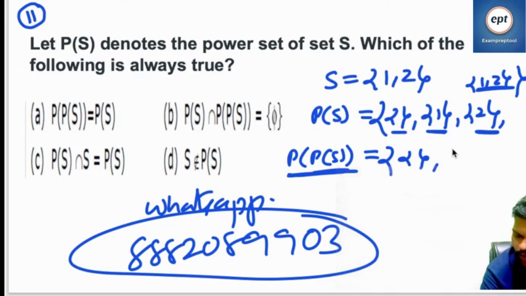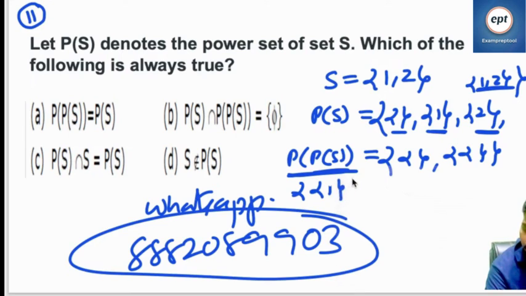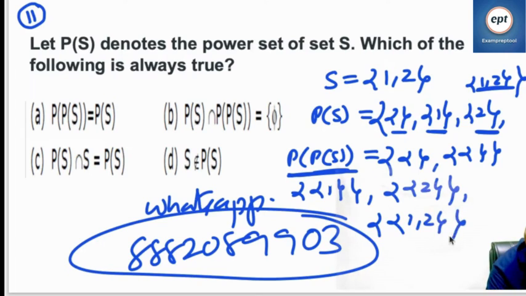Next one, one element you take, this is one element, and so on. Next, two elements, and so on. Total 16 will come.